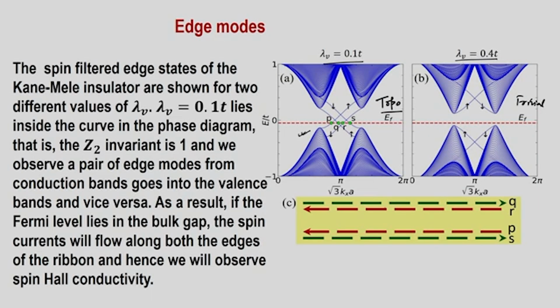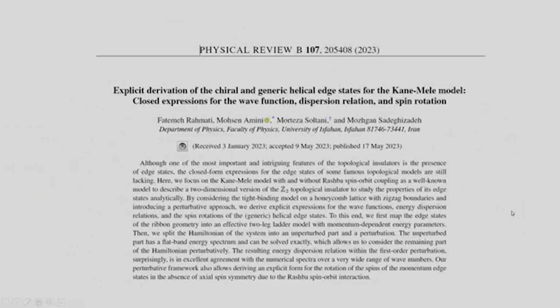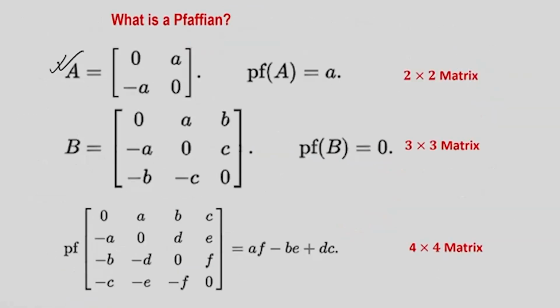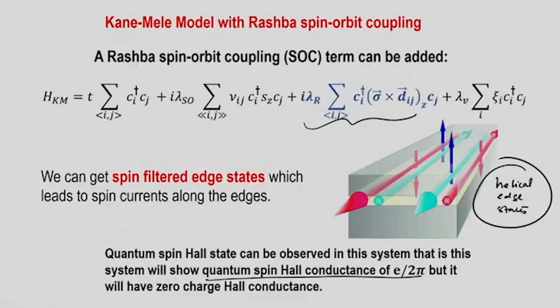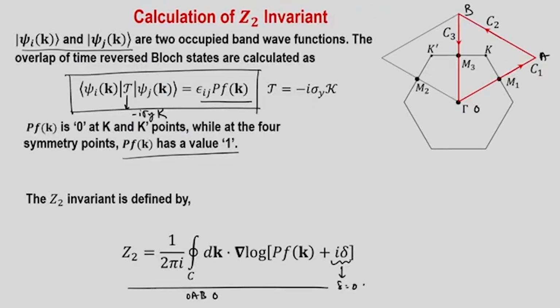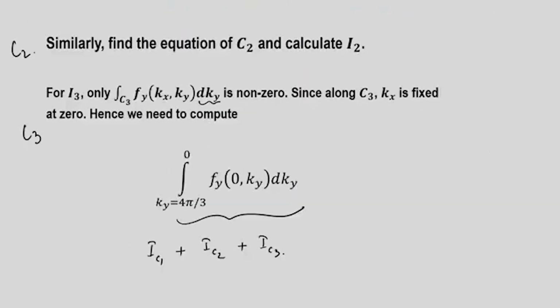And we see these edge modes, and these edge modes are the cartoon that has been shown earlier here. You see that these red and light green edge modes correspond to down spin and up spin respectively at each of the edges, and that's exactly similar to what we get here.